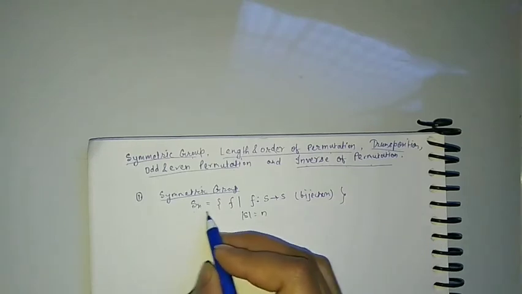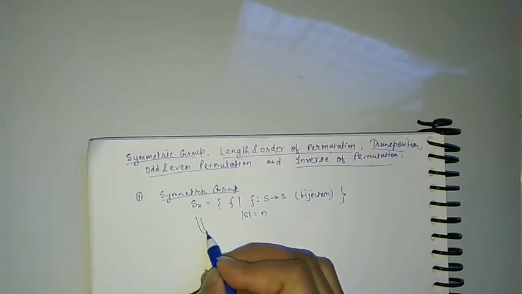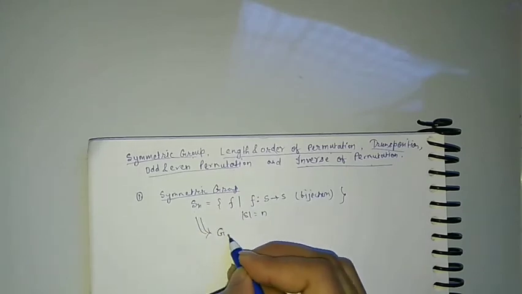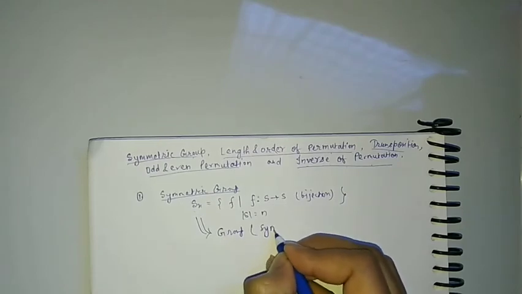Then this is the set of all permutations on the set S with cardinality n. Then this set forms a group.